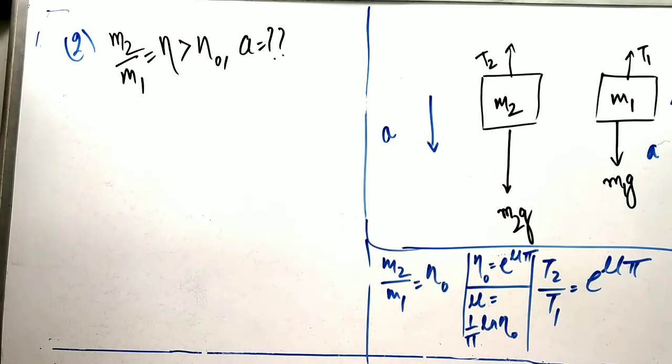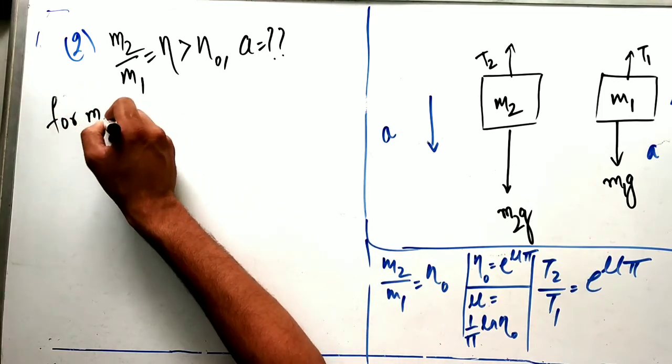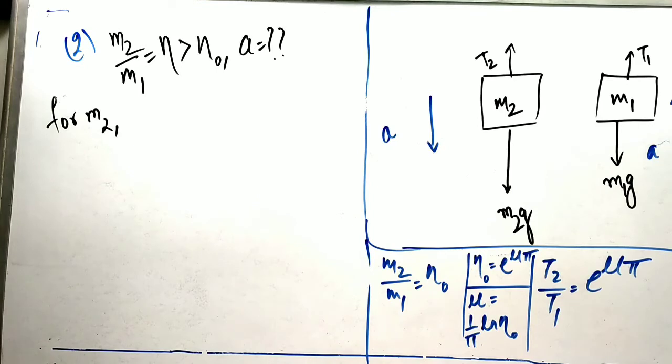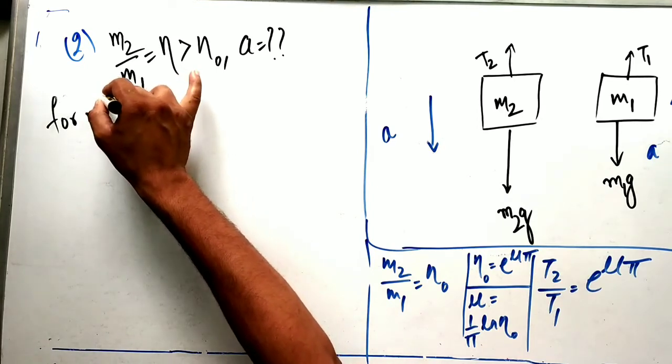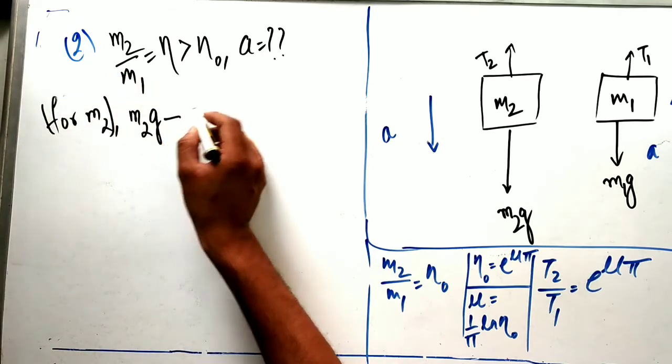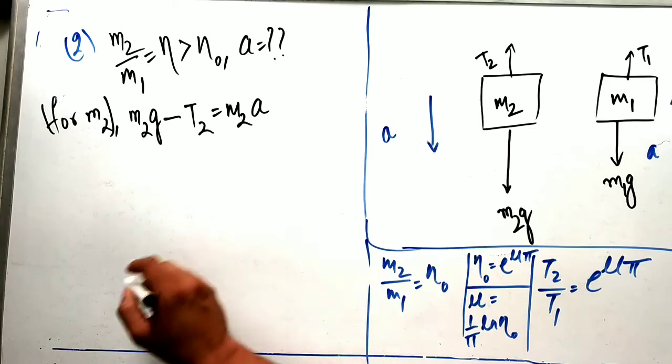In that case, we will write the equations for these two bodies. For M2, the equation is going to look like M2g minus T2 is equal to M2a.